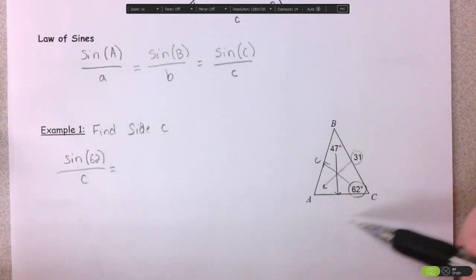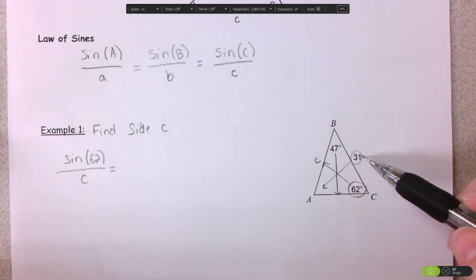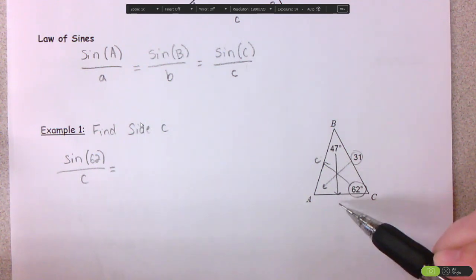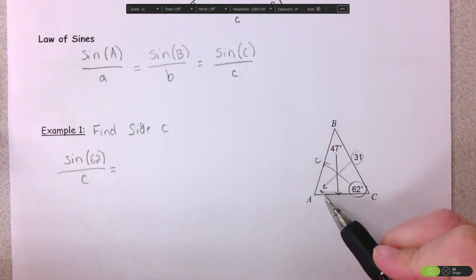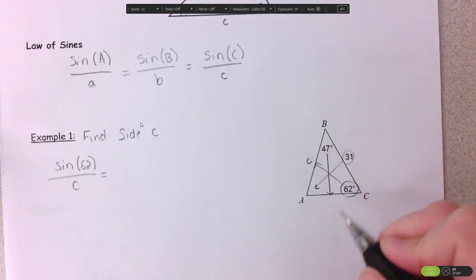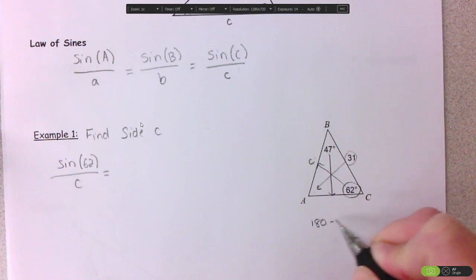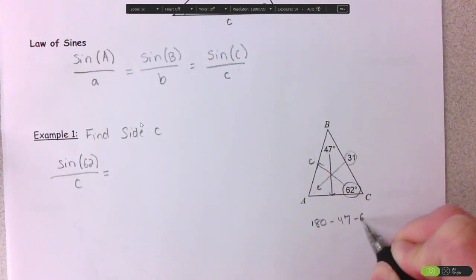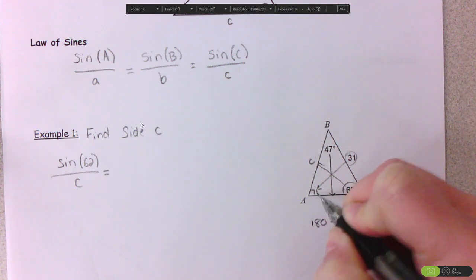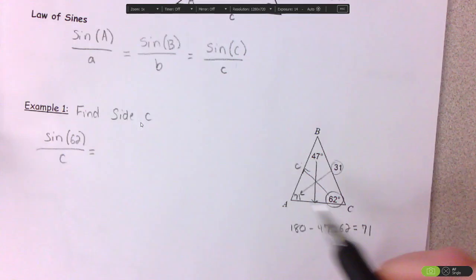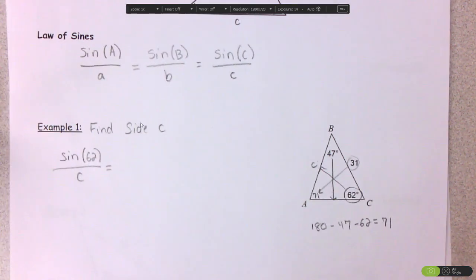Since it's not a right triangle, and I only have one side, there's no way I can solve for side B. But I could solve for this angle, because I have two angles. I can solve for the third by taking 180 minus 47 minus 62, and that leaves me with 71. And then I can use that for my other setup.